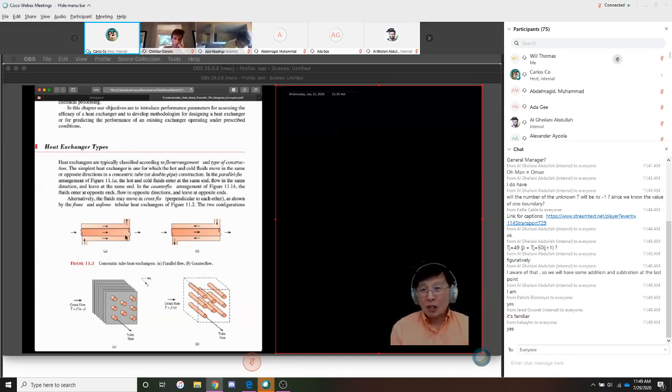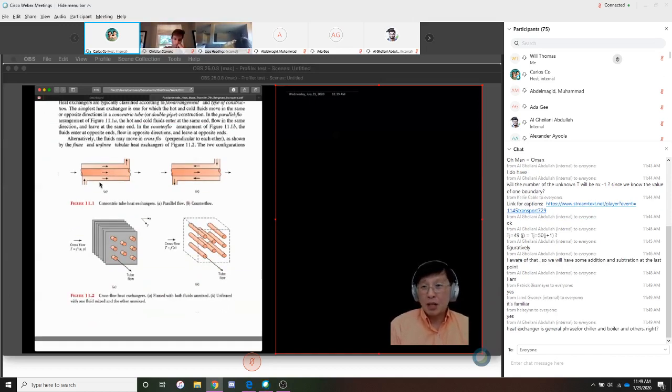And so if you look at this picture here, this is one of the simplest types of heat exchanger. This one is a concentric tube heat exchanger, and it's parallel flow. I don't think anyone would make a heat exchanger like this. Okay? This is a no-no. So what happens here is you have one stream. I think they labeled it as red, which is hot, and it's flowing down. And did you see its color becomes more and more faint, which means it's cooling down, right? It's a tube inside a tube.